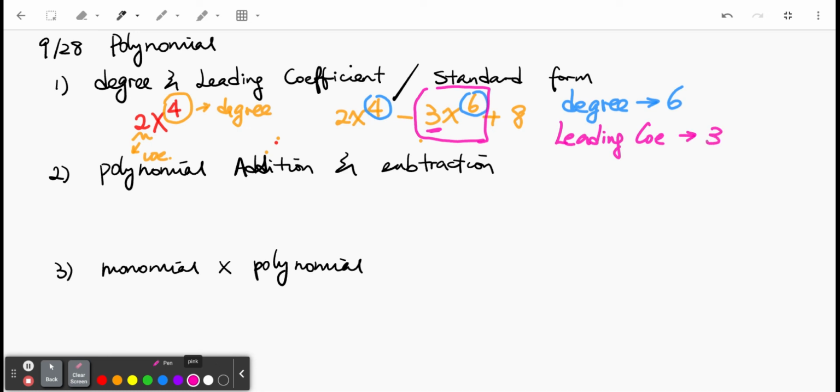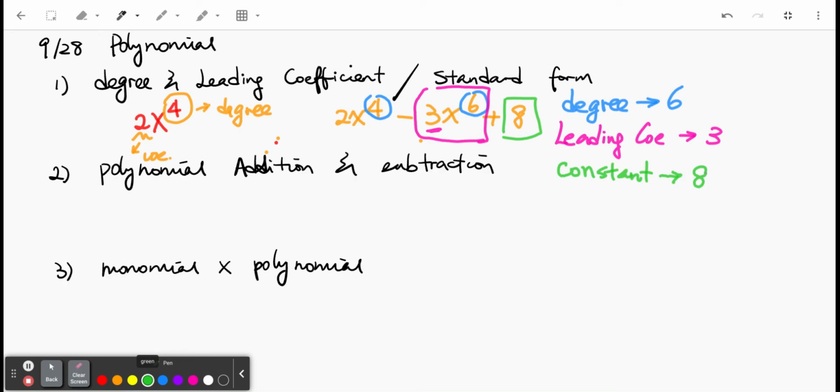Okay, what about 8? Whenever you see a number by itself, that number 8 is 8 no matter what. So the value of 8 does not change. Any number with no variable is what we call a constant. So the constant in this expression is 8.